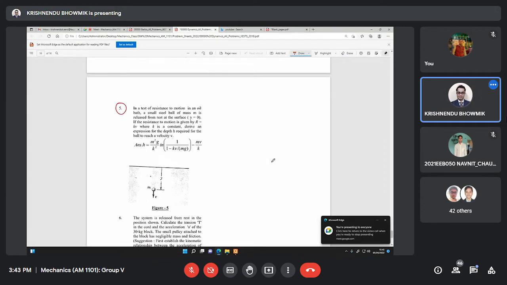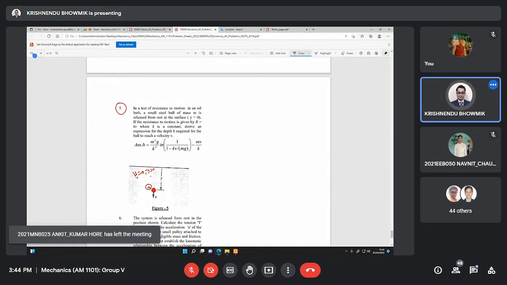This one, 11 by 6. What is told is that in a test of resistance of motion in an oil bath, a small steel ball of mass m is released from rest. So initially v was 0, v0 was 0, say at y equal to 0.